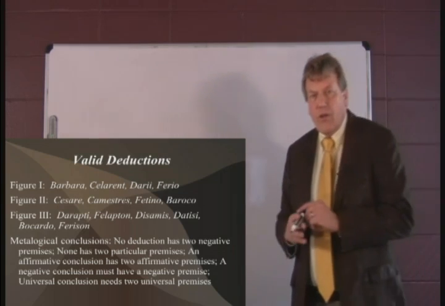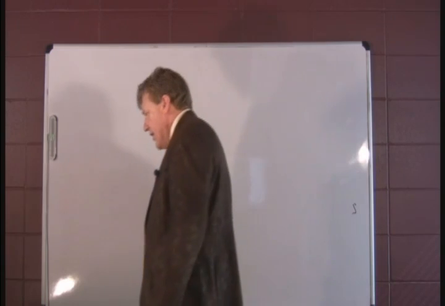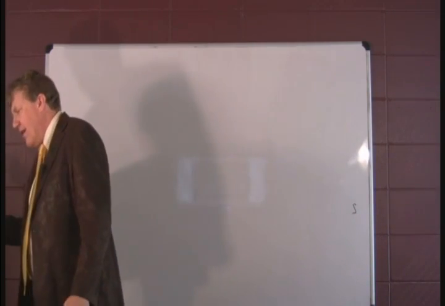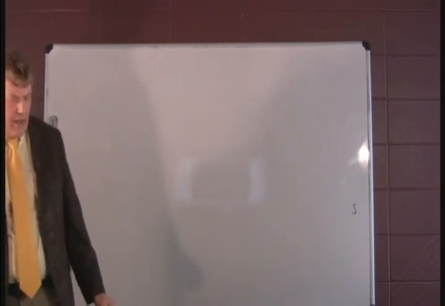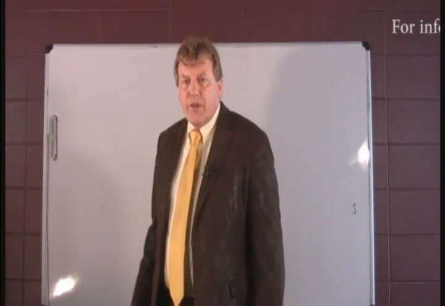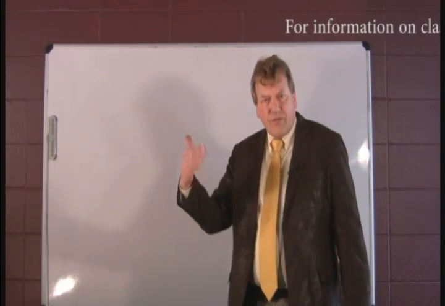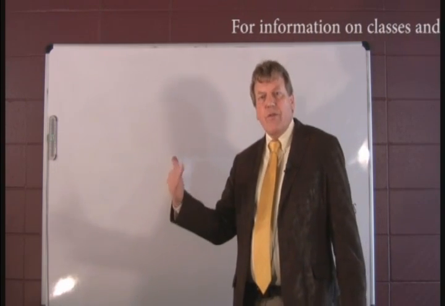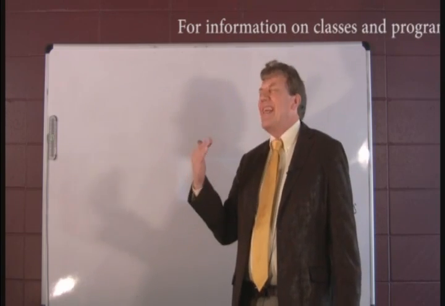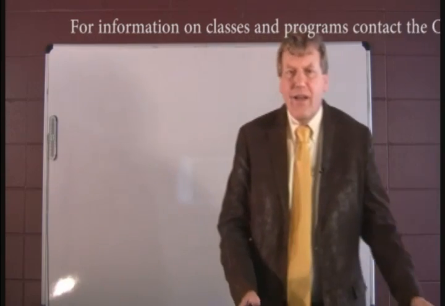A universal conclusion needs two universal premises. No, what I meant is if you have a universal conclusion, it needs two universal premises. If you have an E or an A coming out, I'm sorry, then you have to have E's and A's going in.